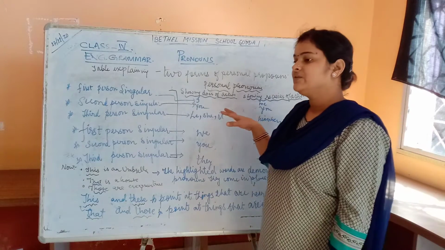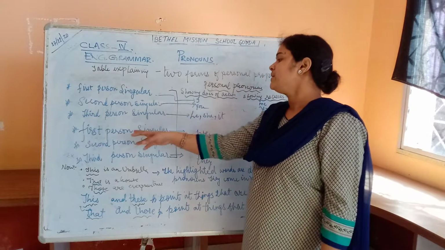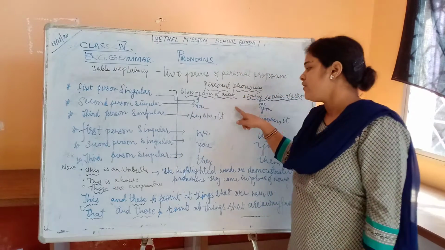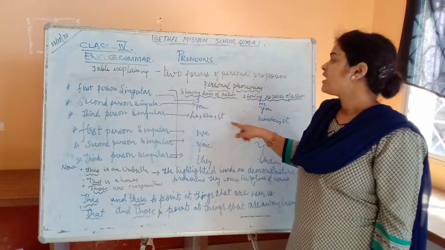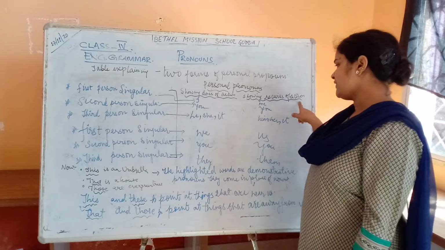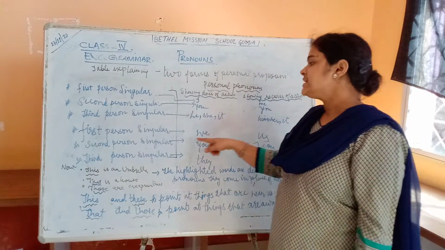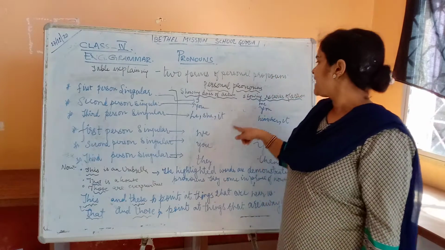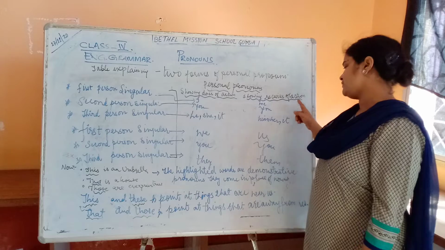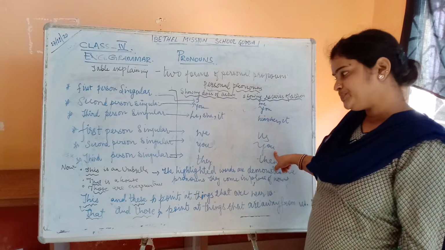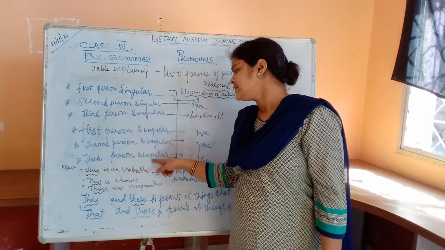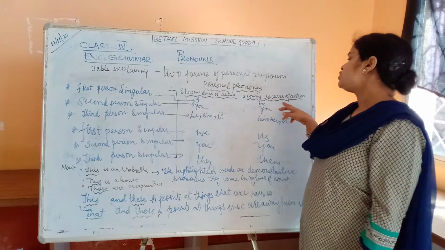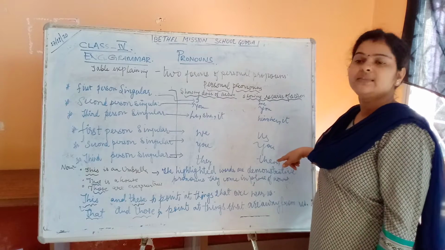Now the first person plural: for showing the doer of action we use we, and for the receiver of action we use us. In the second person plural, we use you for both the doer and the receiver. In the same way, the third person plural uses they as the doer of action, while to show the receiver of action we use them.